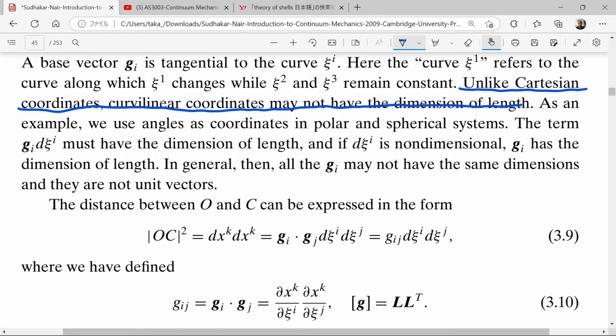The term g_i d xi_i must have the dimension of length, and if d xi_i is non-dimensional, g_i has the dimension of length.